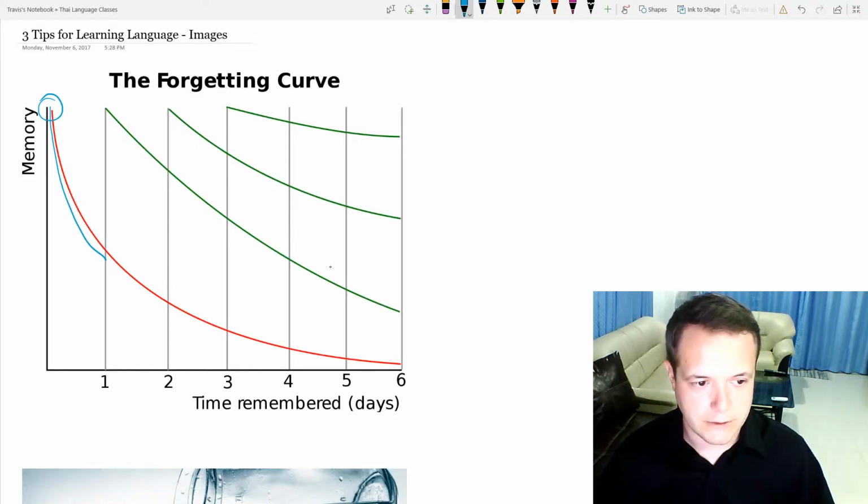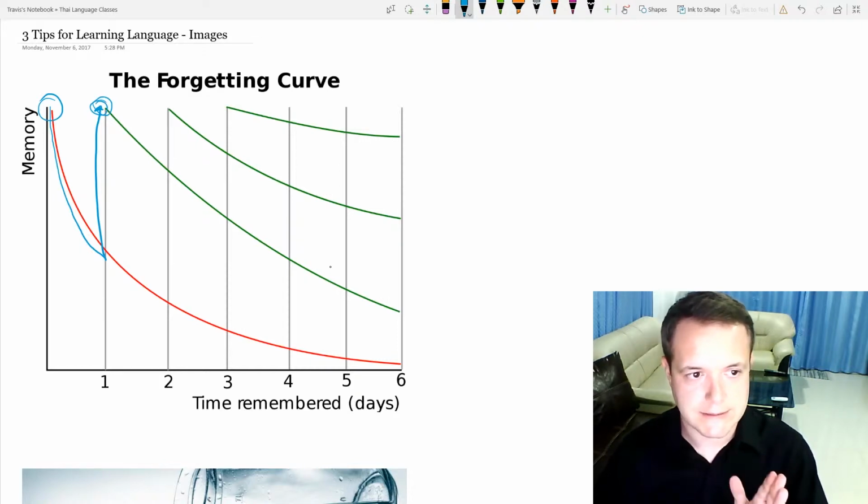When you recall, it goes zoop, all the way back up to the very top. So now you're back up here. But pay attention to this line. Notice it's not as steep as it was before. So with one recall, it takes longer to forget. As you go down, you don't get quite nearly as far down near the bottom, down near having forgotten. If you have another recall, it goes back up to the top. And then again, the line gets less steep.